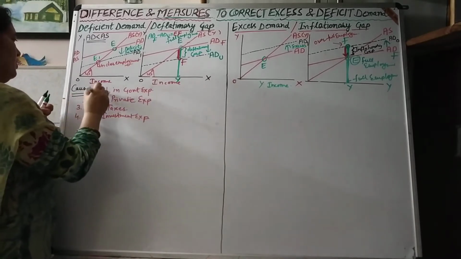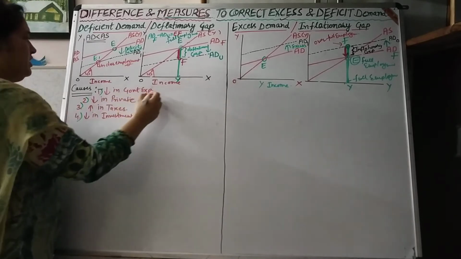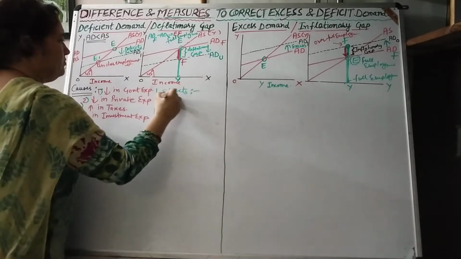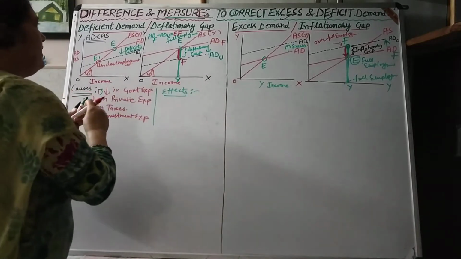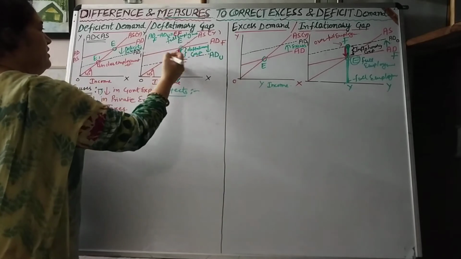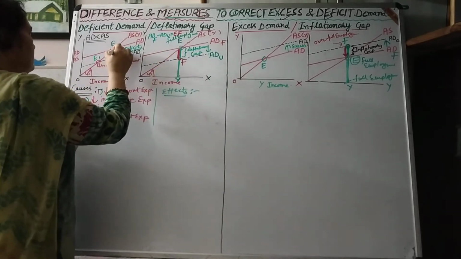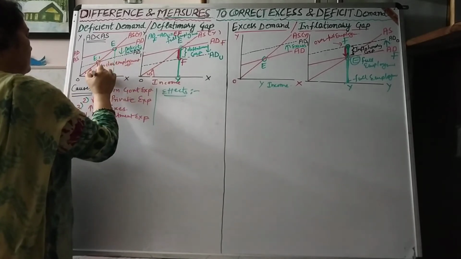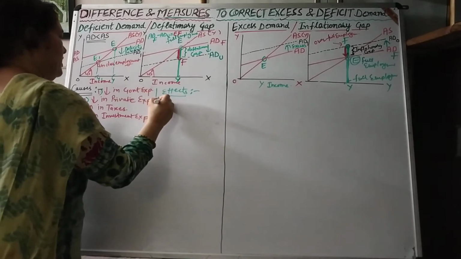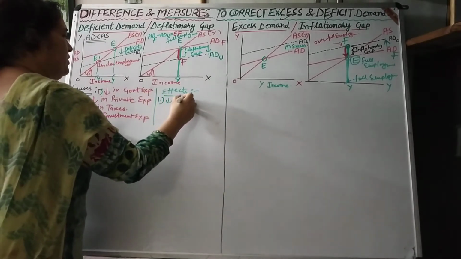So these are some causes through which there will be deficient demand in the economy, and their effects, as we have seen, due to deficient demand there will be, number 1, fall in output level.